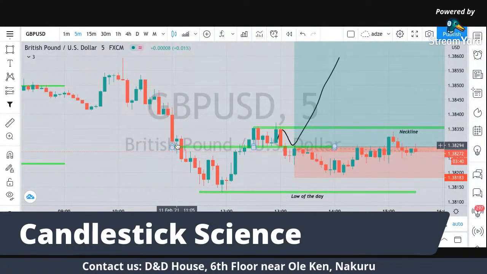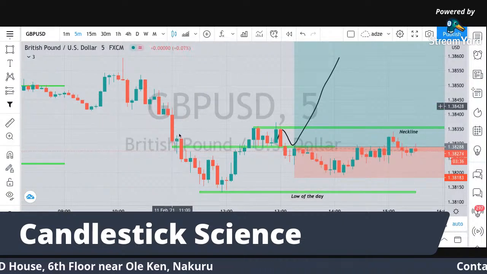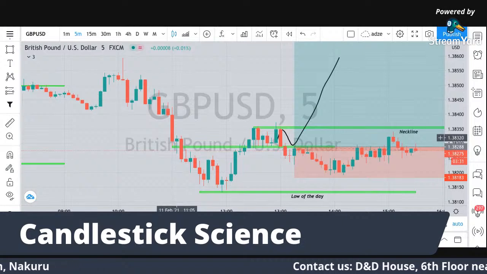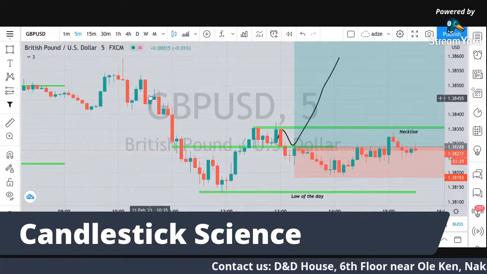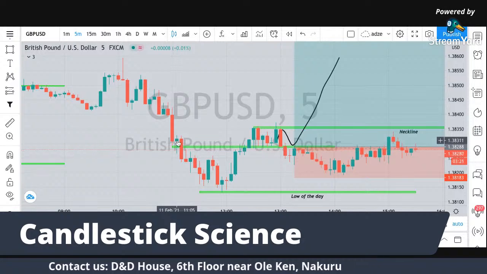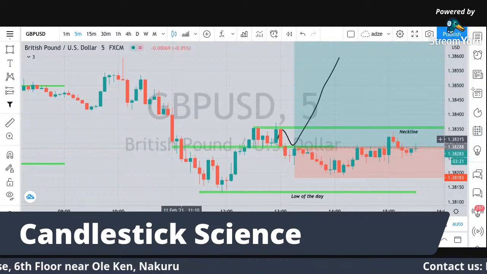This one is called an FTR. I don't know if you guys know it. It's like a small pullback during a bearish momentum. Price is coming down, and then there's a small pullback, and most guys usually enter in this particular region.